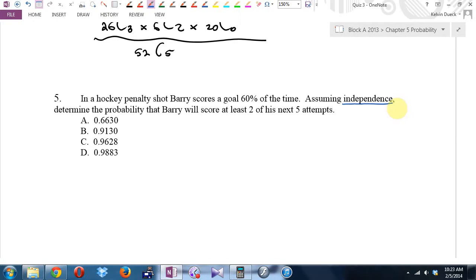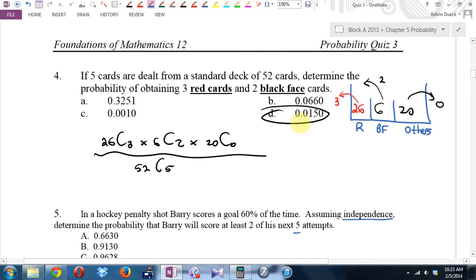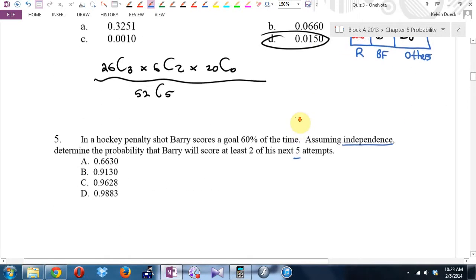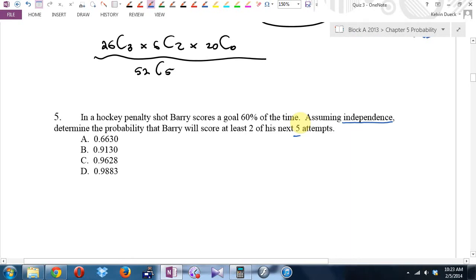The second key concept, Foster, is, what did I underline? How many attempts? Not a tree. Independence, not a tree. Now, 5 attempts would be either a bucket or binomial. It would be a bucket, like number 4, if it's not independent. The fact that it's independent, this is going to be a binomial probability distribution.